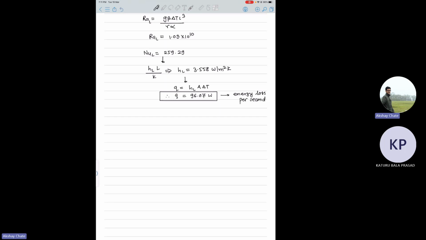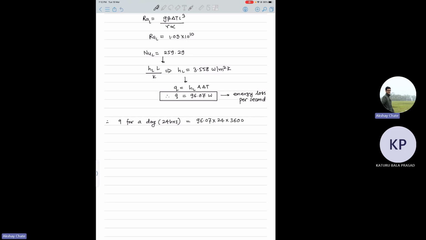So first we need to find out how much energy is lost per day. Q for a day, which involves 24 hours, will be 96.07 into 24 hours into 3600 seconds.